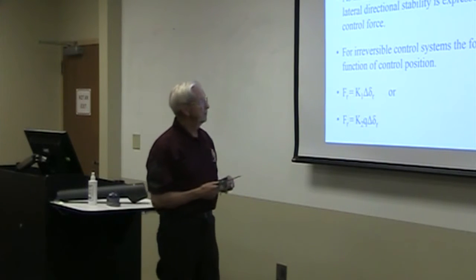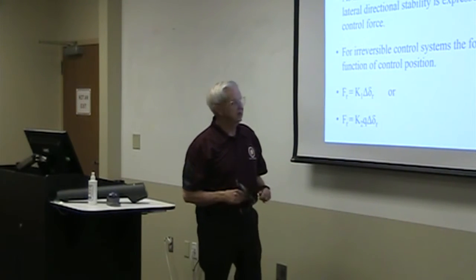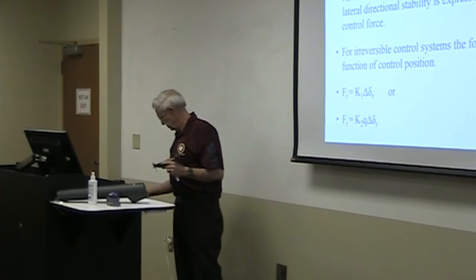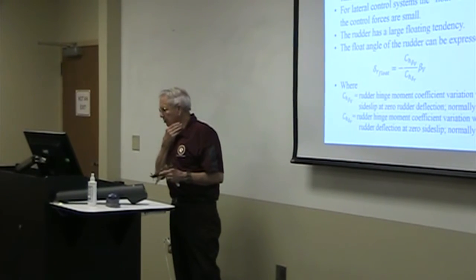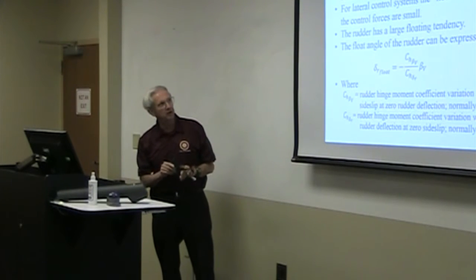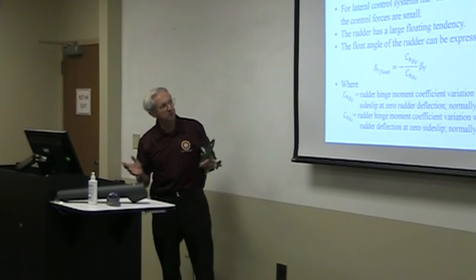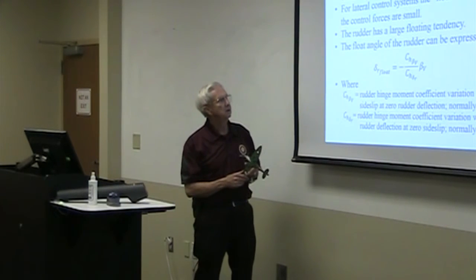And for an irreversible system, the equations look essentially the same as they did for longitudinal, and you might expect as much. For a reversible control system, these forces are a function of control surface float again. And for a lateral control system, the float is small and the control forces are also small.